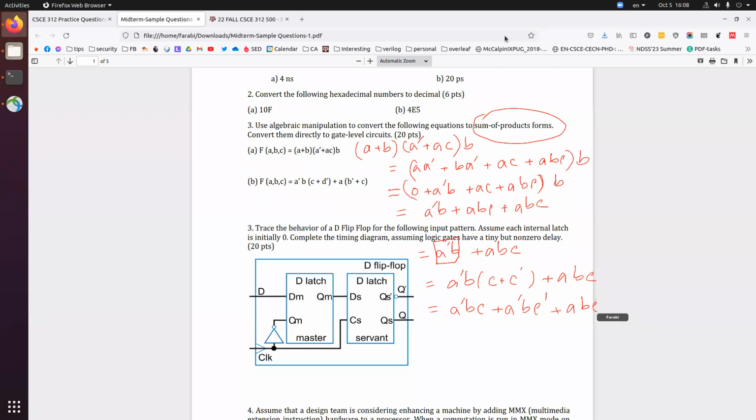Now this is a proper sum of products form. We can convert it to a gate level circuit. So we will have three lines A, B, C, and then the nodes, and then three AND gates, and then OR gates for these AND gates.